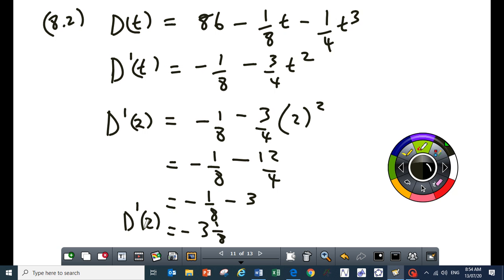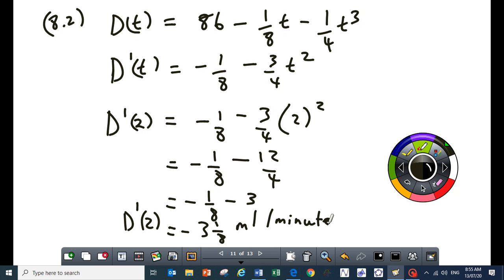Because it's minus, it means there is a decrease which is taking place. The water in the kettle, the level or the depth, is going down at that rate. So this will be milliliters per minute. Because you guys are doing physics, you should be able to write the units too.